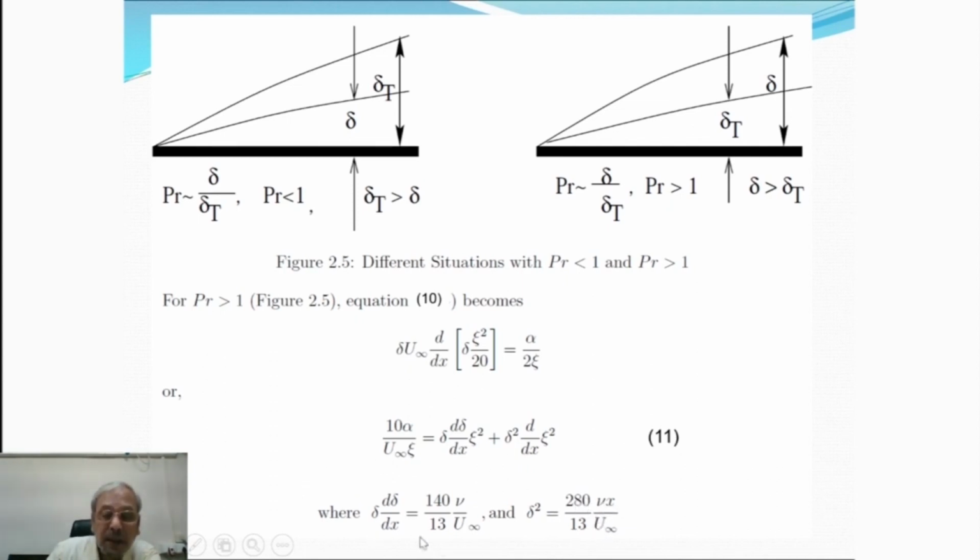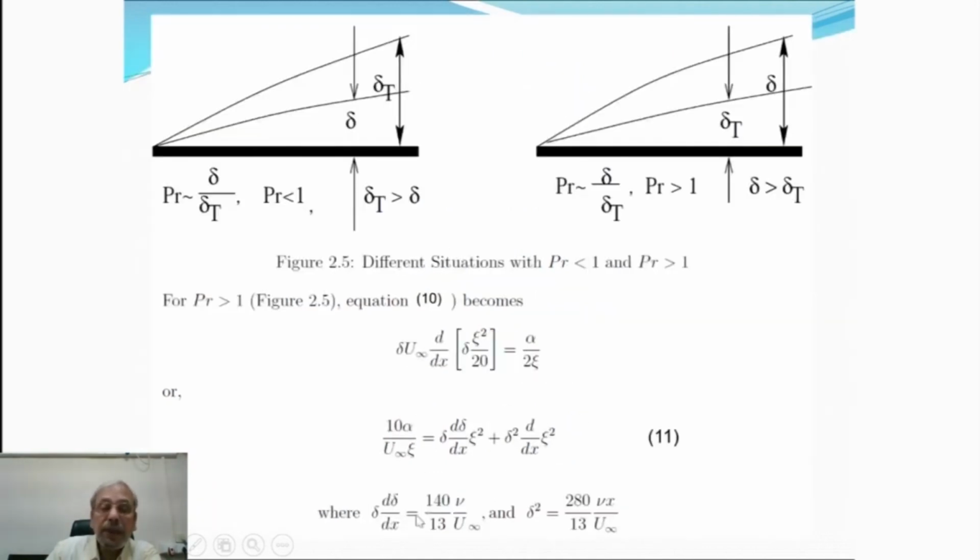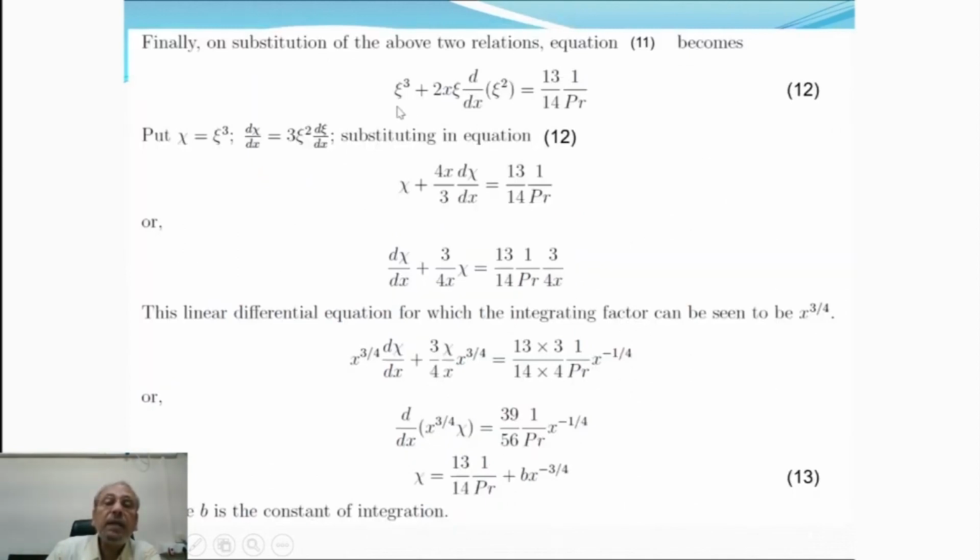This we obtained while solving the momentum integral equation. If we substitute these two quantities in this, we'll get ζ³ plus 2x ζ d/dx of ζ², equal to 13/14 into 1/Prandtl number.